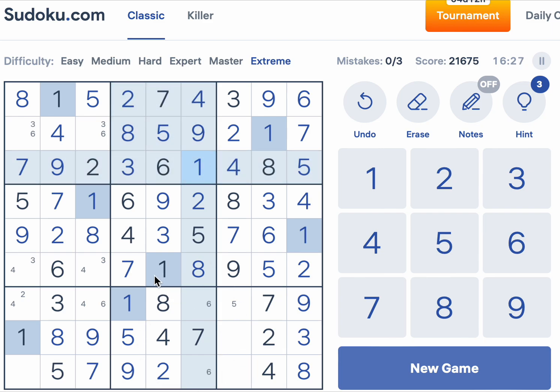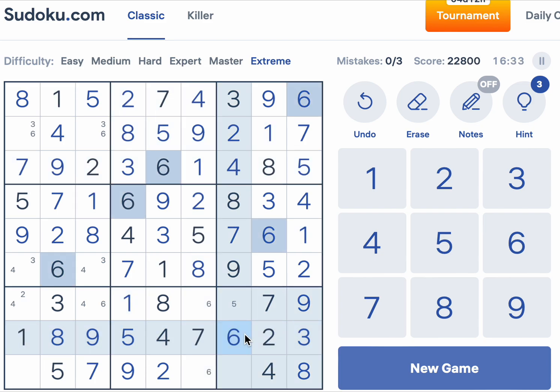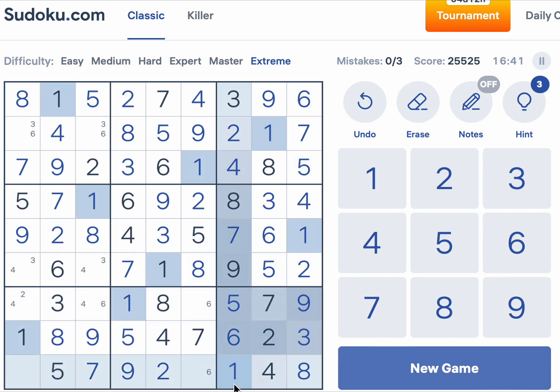And for this block, for this row, we're only missing 6. And for this block, we're missing 1 and 5. With 1 here, this cell must be 5, and this is 1. So for this block, we're missing 3 and 6.